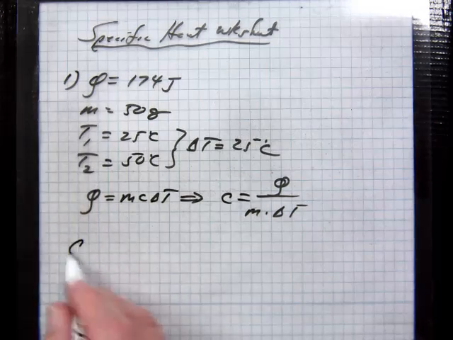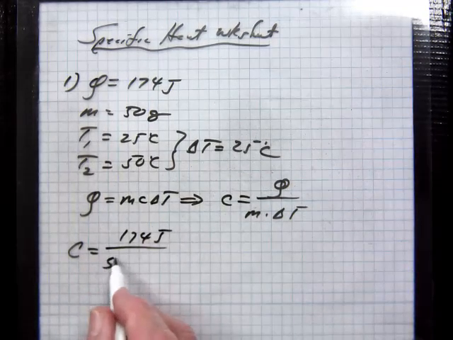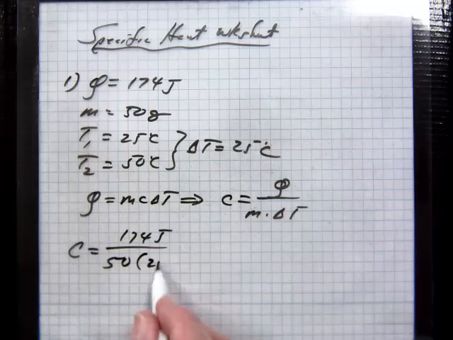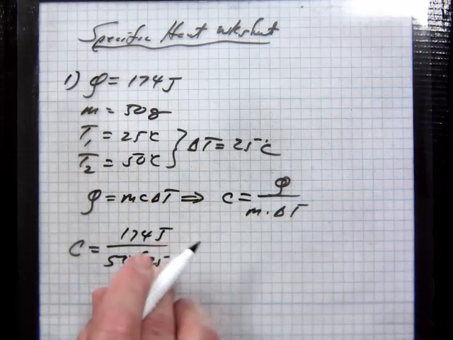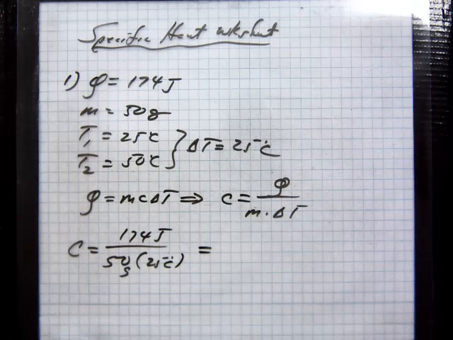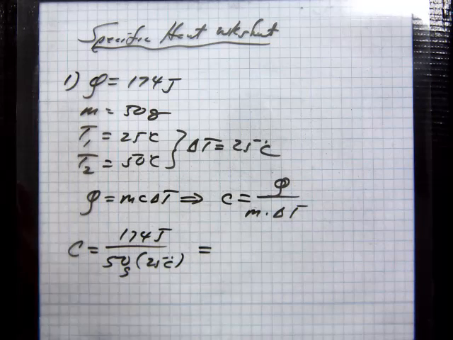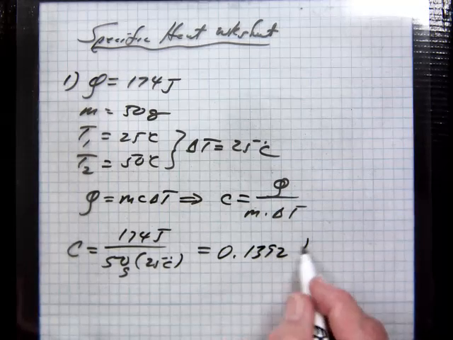So C in this case is 174 joules over 50 grams and a delta T of 25 degrees Celsius. I need to put the units in. And whatever that comes out to be, 0.1392 joules per gram degree C.